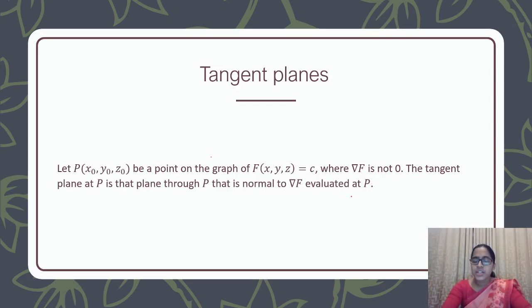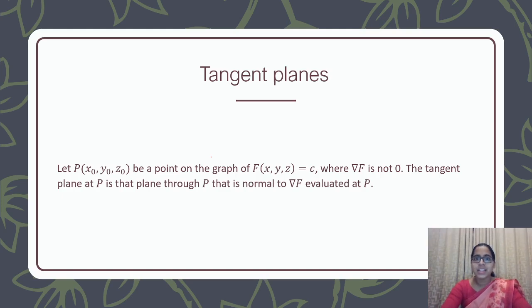Okay, what will be the tangent plane? The tangent plane will be normal to the grad f. Just now we had interpreted that grad f will be perpendicular to the surface which is given to us. So the tangent plane will be normal to this grad f. I hope the concept you can just picture it in your mind.